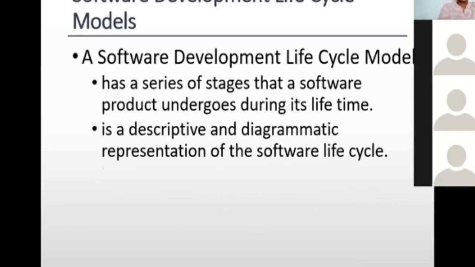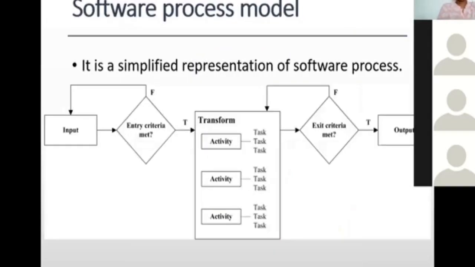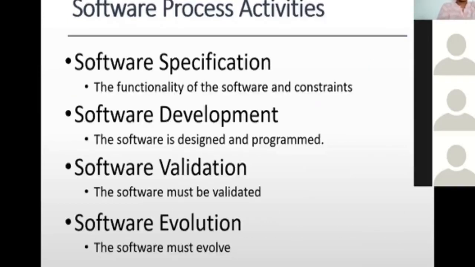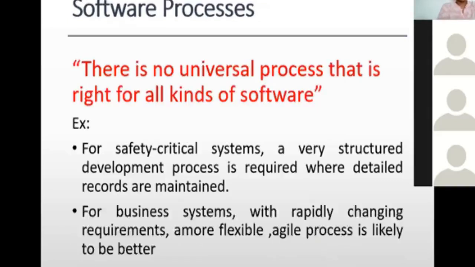Now again, we'll go to the software process. We know in the software process we have activities: software specification, software development, software validation, and software evolution.